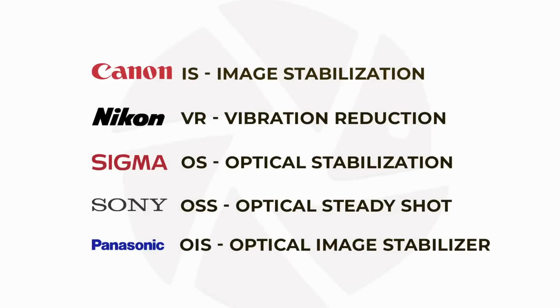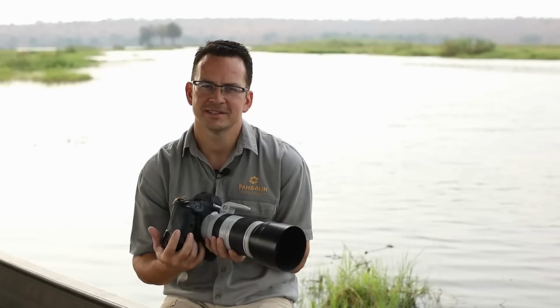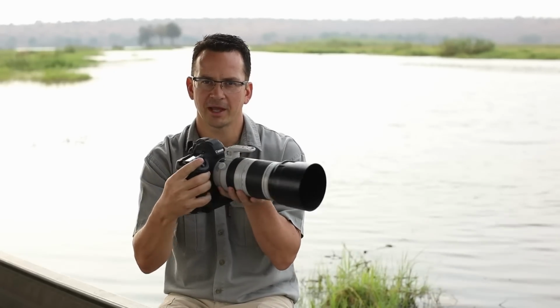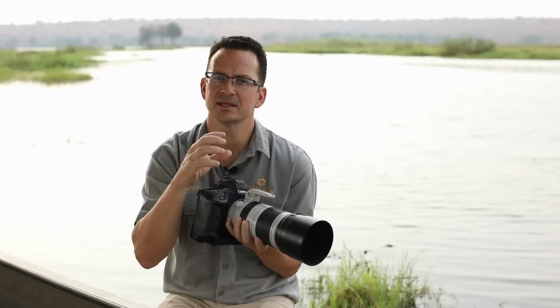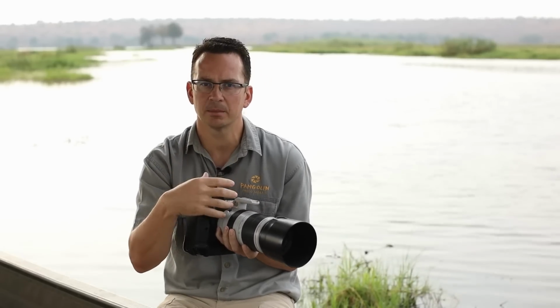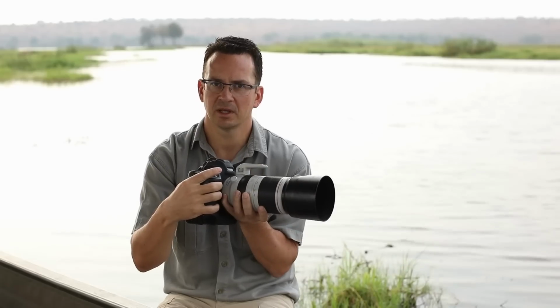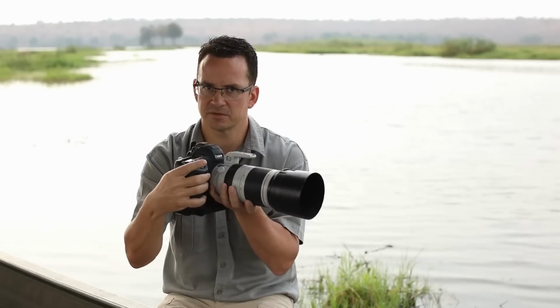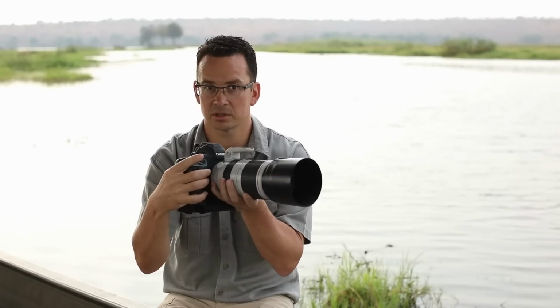IS for Canon image stabilization, or VR in Nikon lenses, vibration reduction, OS, optical stabilization in Sigma, and so on. Optical stabilization works inside your lens. So whenever you move your camera like this, there's a sensor that will detect the movements, and there's a special group of floating elements that will shift and counteract for that specific camera movement or camera shake.